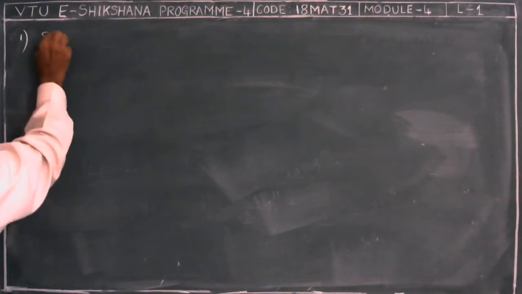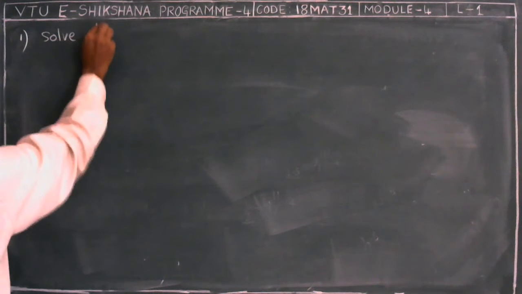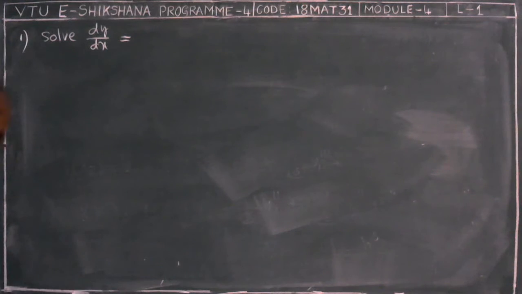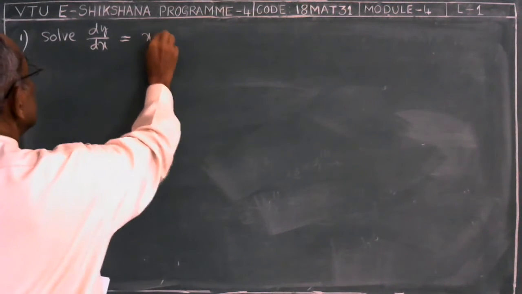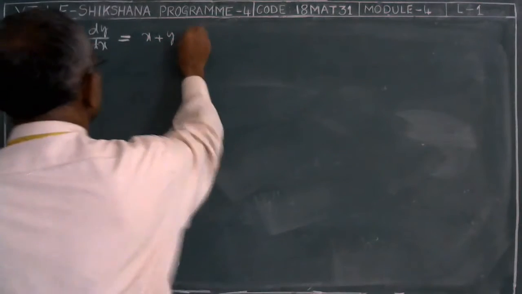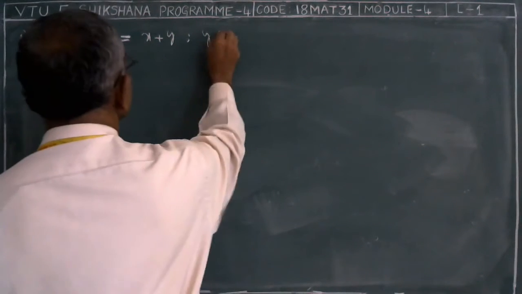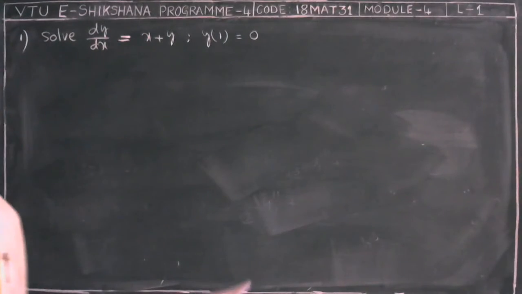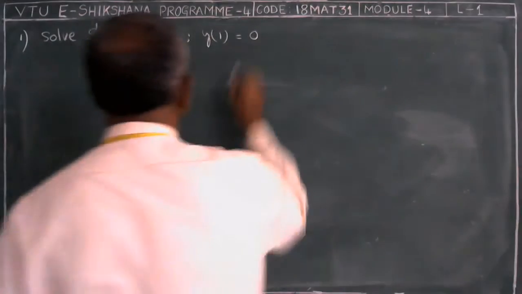Solve dy by dx is equal to x plus y, with initial condition y is 0 when x is equal to 1, that is, y of 1 is equal to 0.